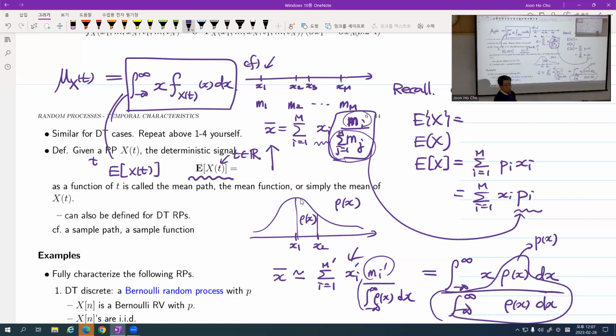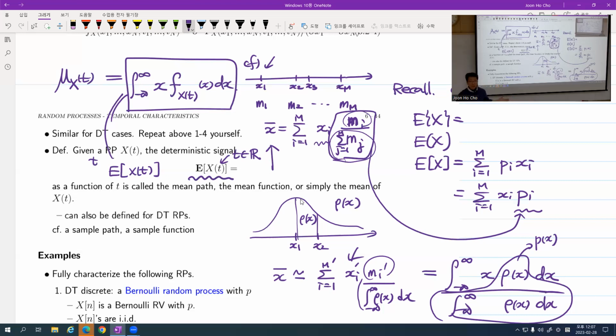Now let me ask you a question. Given a random process, how much information or knowledge does the mean of the random process provide you? So for example, we cannot fully describe statistically a random process X(t). However, we know the expected value of the random process X(t). Is it enough?